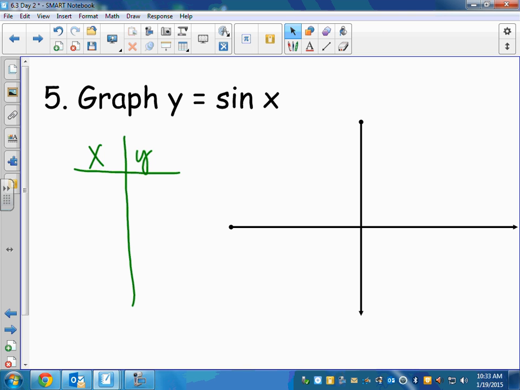And because we've already talked about that, we know the period of sine is 2π. That means after we get to 2π, it's just going to repeat itself. And again, I want to show you that that's true. So I'm just going to pick some angles here. I'm going to pick 0 first.